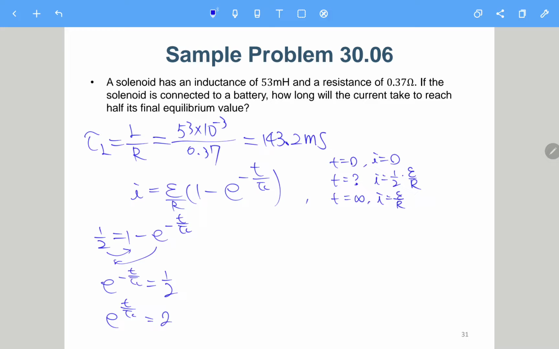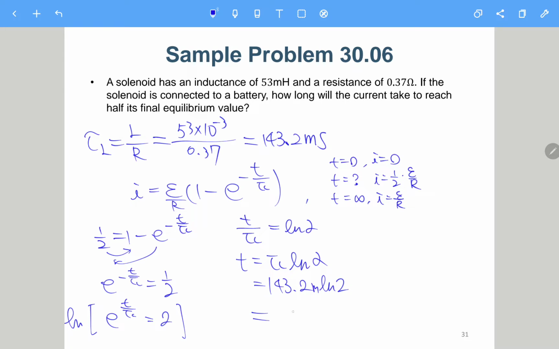And then we can take the natural log on both sides. The natural log and exponential cancel each other, so t over tau L equals natural log of 2. So finally, t equals tau L times natural log of 2, which is 133.2 times natural log of 2, which is around 0.1 second.